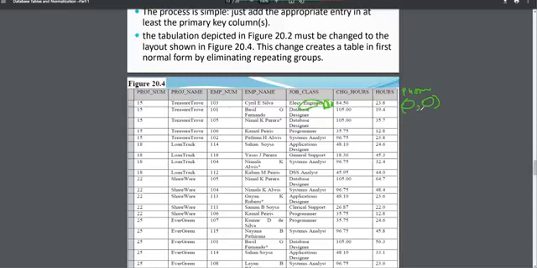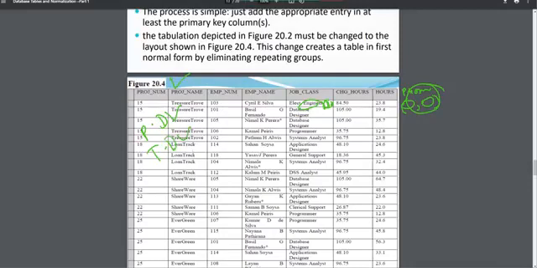We have discussed that kind of instance, and how we can take decisions to remove it. If there are multi-value attributes, we can say it is not in first normal form. If there are no such multi-value attributes, we can consider it first normal form. There can be partial dependencies, no problem. Transitive dependencies, no problem.